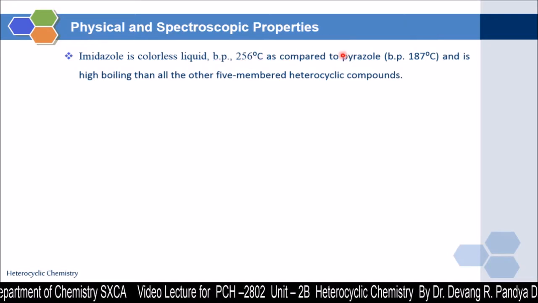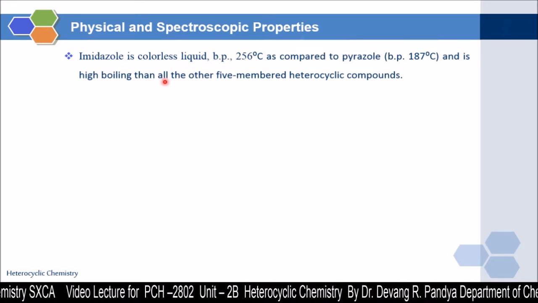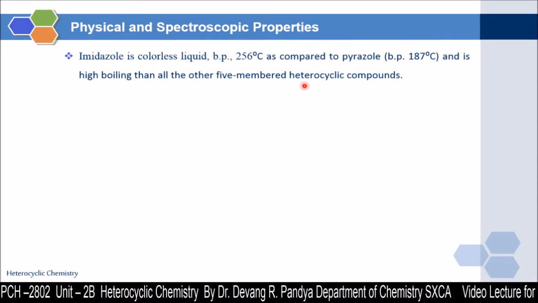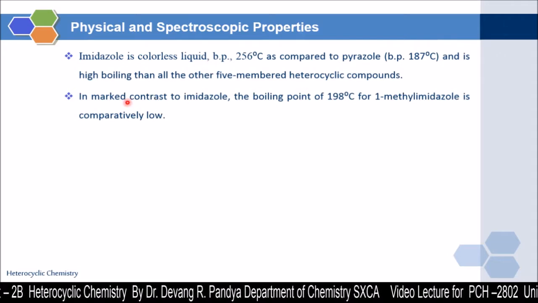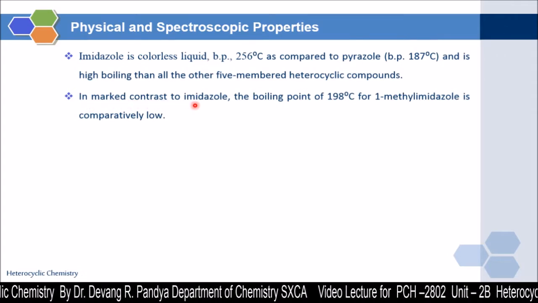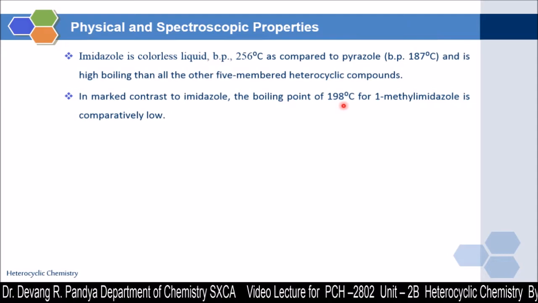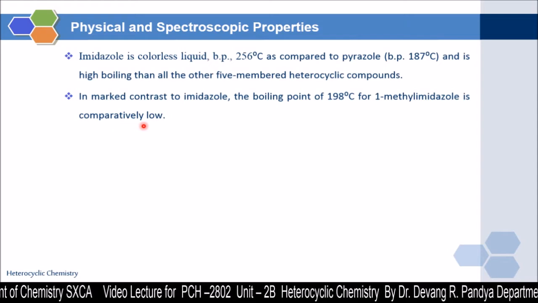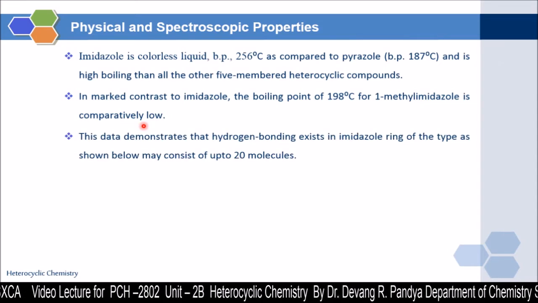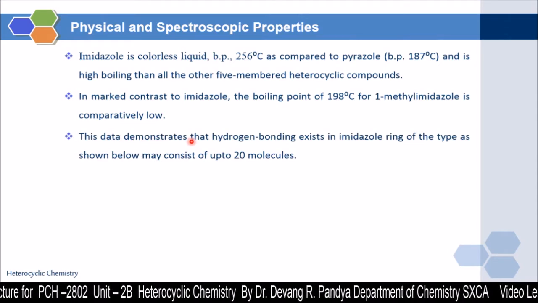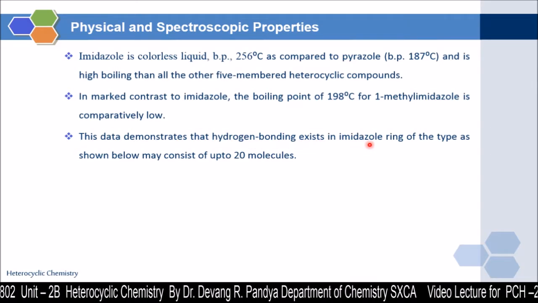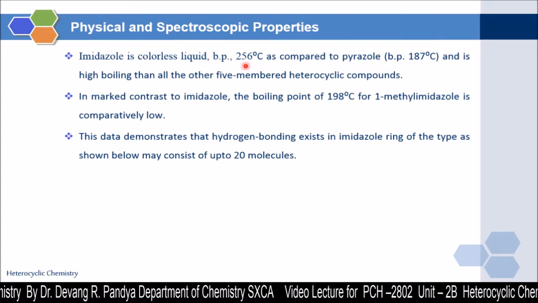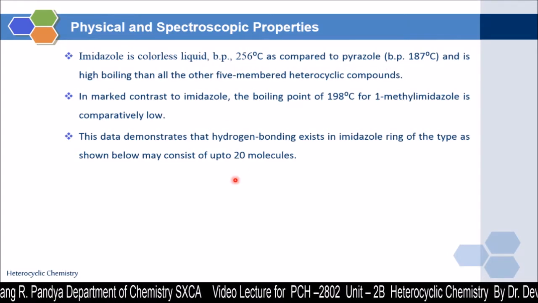We will learn the reason behind this; it is a higher boiling point than all the other 5-membered heterocyclic compounds. In marked contrast to imidazole, the boiling point of 198 degrees centigrade for 1-methyl imidazole is comparatively low. This data demonstrates that hydrogen bonding exists in imidazole. This is the reason behind the difference in the boiling points of these two 1,3-azoles.